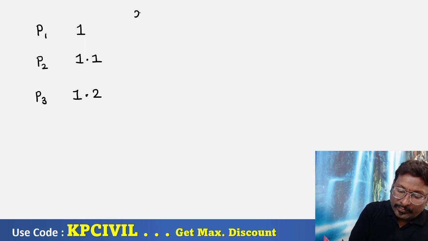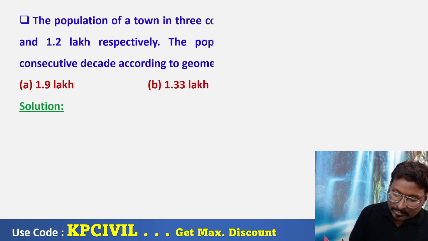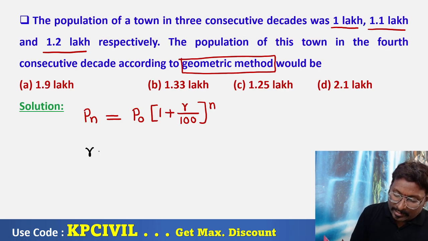Now the differences, X values, you can take: 0.1 lakh, 0.2 lakh. Then you get R values. You know how to get the R value? R is equal to X upon P into 100.